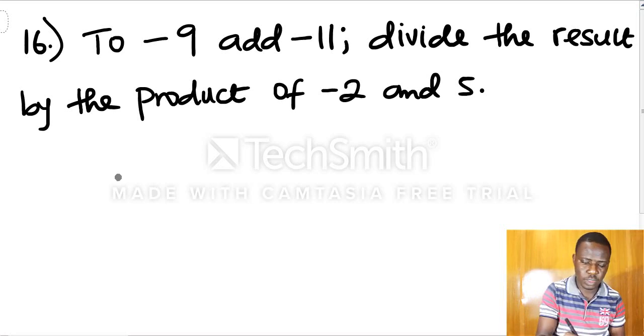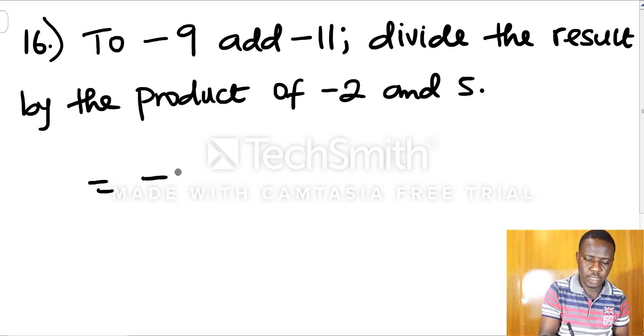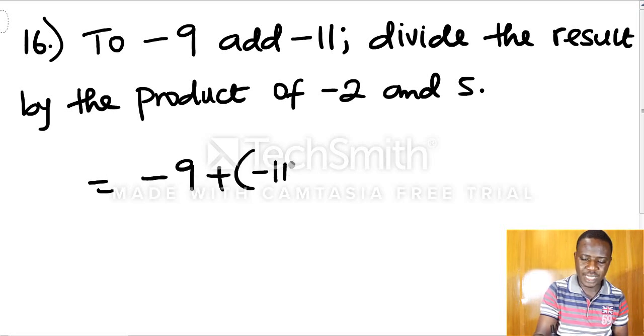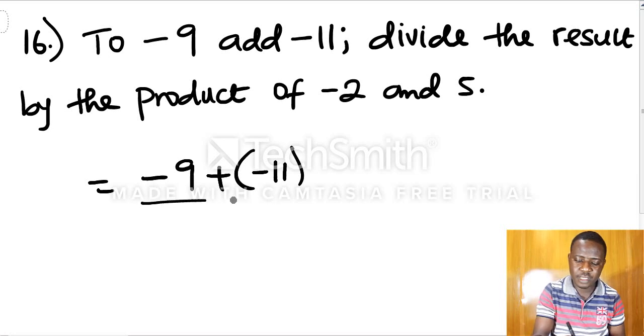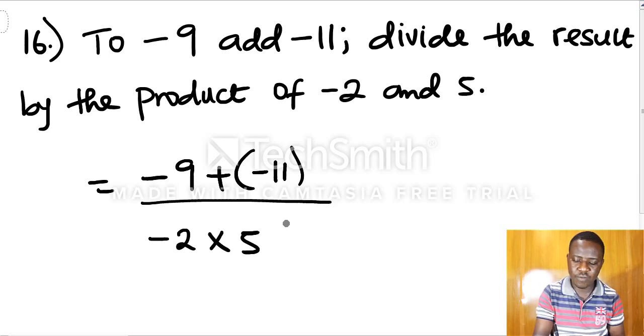Question 16 says to add minus 9 and minus 11. Divide the result by the product of minus 2 and 5. We are to divide minus 9 minus 11 by minus 2 times 5.